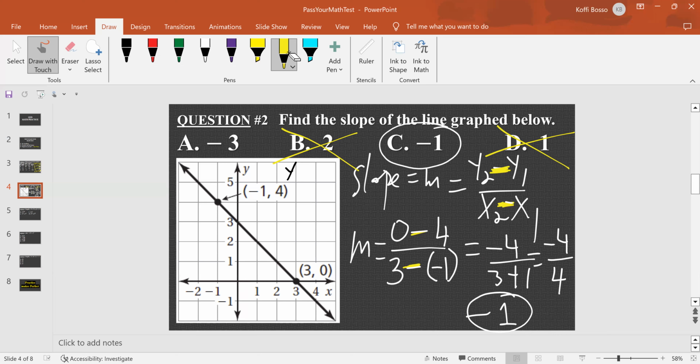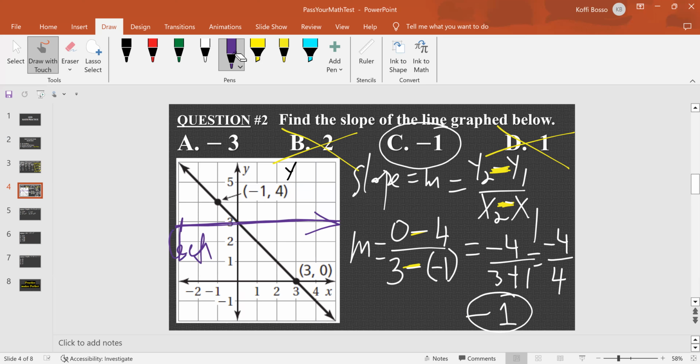Now, how do you know that a line is going down? When you have a graph like this, just draw any horizontal line through this graph. So, a horizontal line. And think like you are moving from the left side to the right side. So left to right.